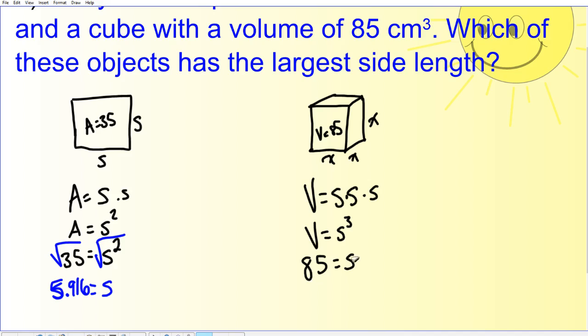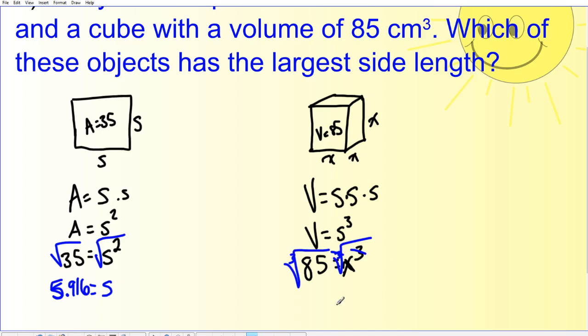Now, in our problem here, we're not using S. Since we're substituting stuff in, we're using X. So what is X? What number times by itself 3 times is 85? Well, to uncube this, we're going to cube root both sides. That makes these cancel out.